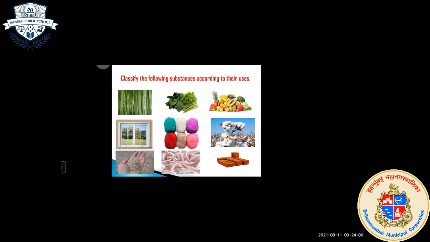Now you said construction, so bamboo, sand and bricks, we will put together for construction. Then vegetables and fruits, we will put together for our food. And cotton and silk, we will put together for clothes.